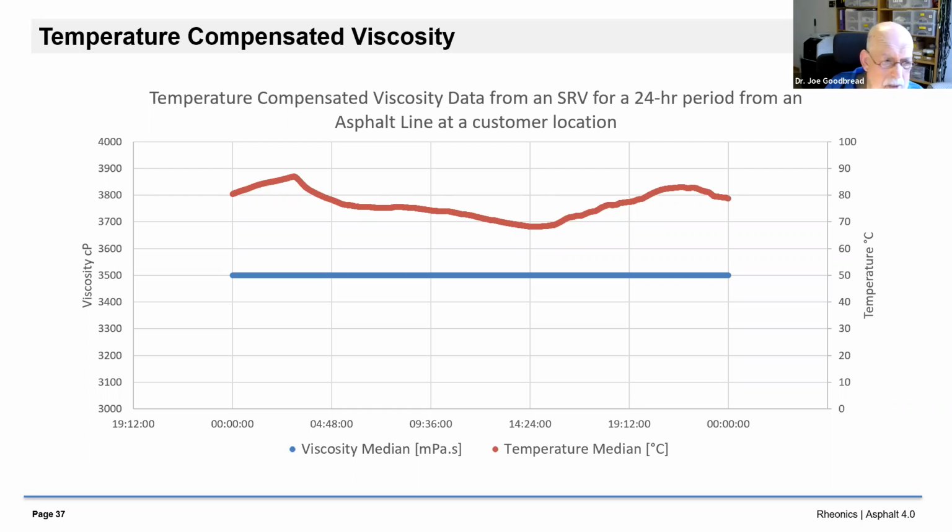By making measurements across a large range of temperatures, it's possible to develop a temperature compensation formula and to integrate this into the electronics that predicts the viscosity at any temperature from the viscosity at a different temperature.